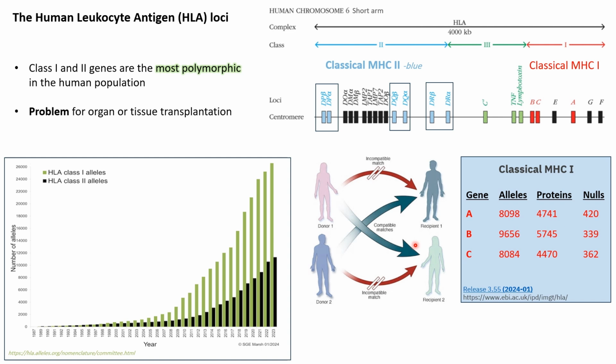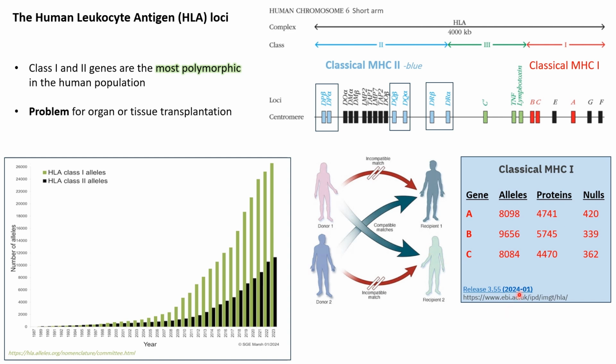And one tries to have the best match possible, and combining this with drugs which prevent rejection. So all this variation is very bad for organ transplantation because our immune system recognizes HLA molecules which are not self, use the word non-self, self and non-self. So we recognize HLA molecules from someone else as something harmful and reject their tissue.